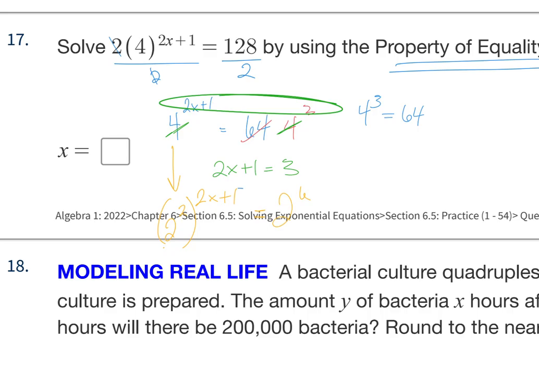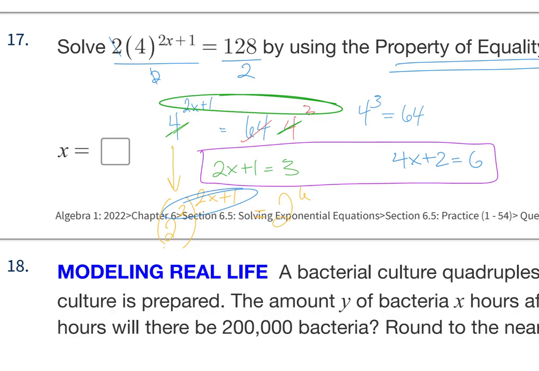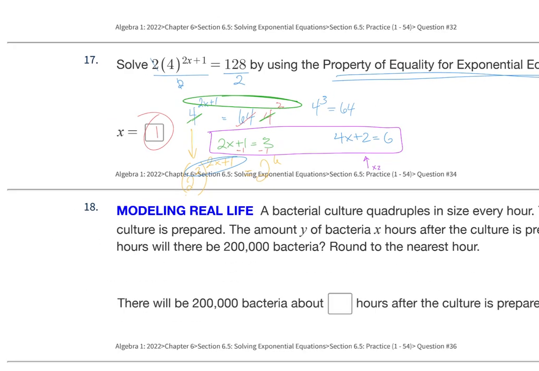Then yes, you would multiply those, so you would get 4x plus 2 equals 6. You tell me, how are these two different? This one is multiplied by 2 on both sides. That's the difference. So anyway, you subtract 1, and you get 2x equals 2, which is just x equals 1.